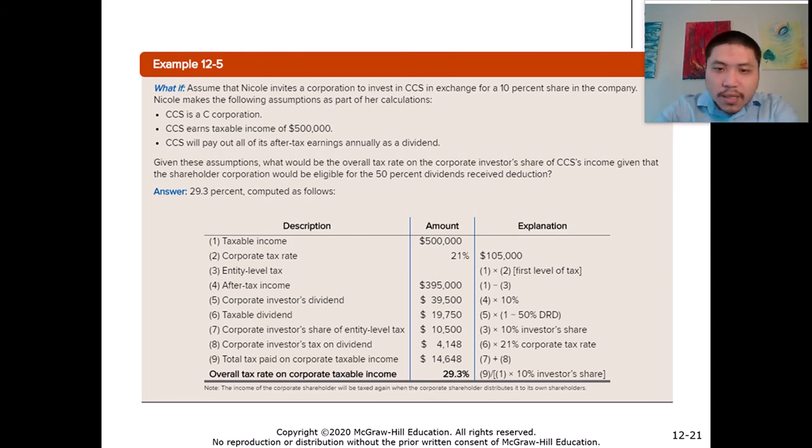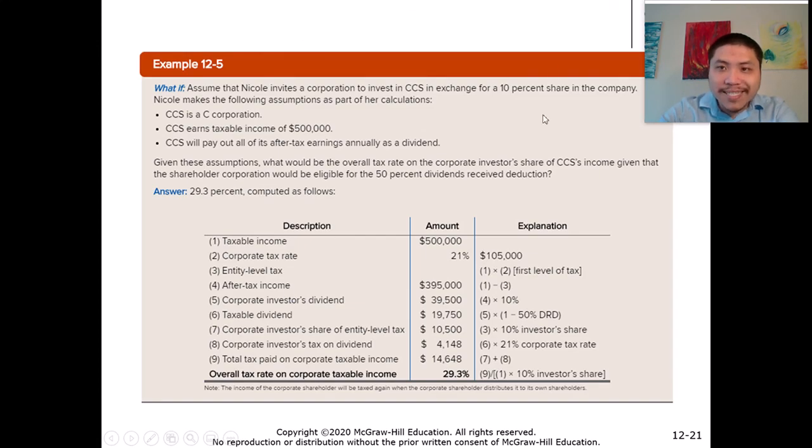So let's start by calculating the after-tax income of CCS, right? We know CCS is a corporation, so it's going to pay a 21% flat tax rate on its income. So the taxable income is $500,000 times 21%, and that's going to give us $395,000 after-tax income, right?